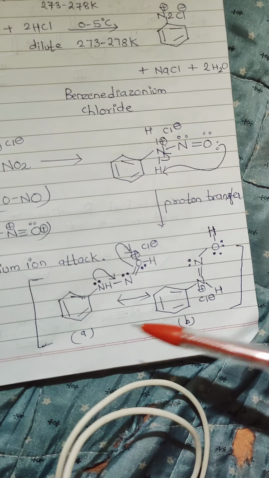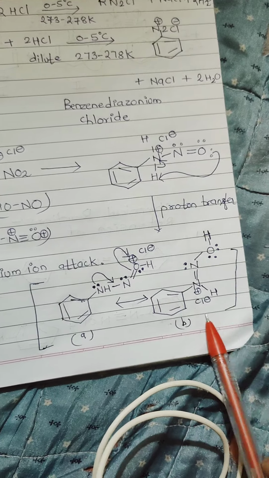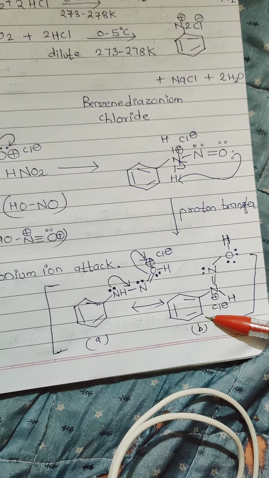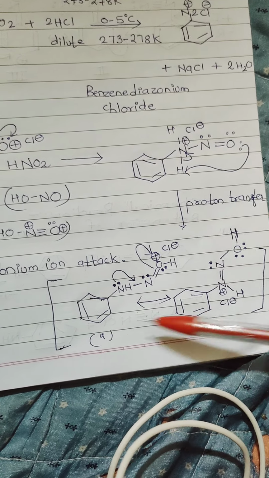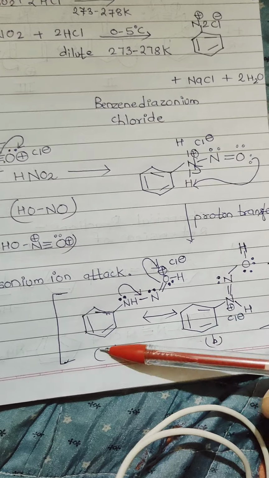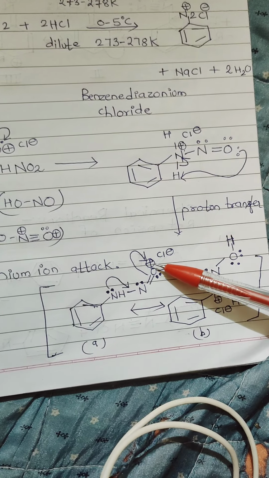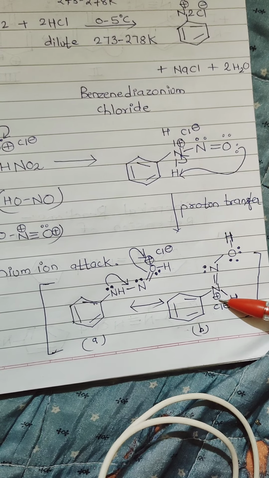First I would like to tell you that it is given in a square bracket. That means it is an intermediate. It is highly unstable, hence we write it in a bracket. So among these two we have to select the stable one. If we see this structure, the oxygen carries positive charge, and in this structure nitrogen carries positive charge.